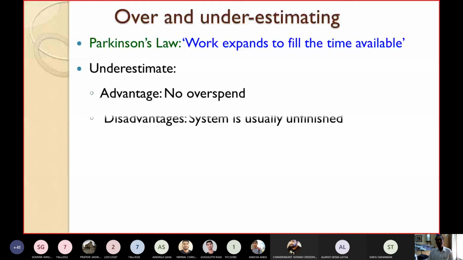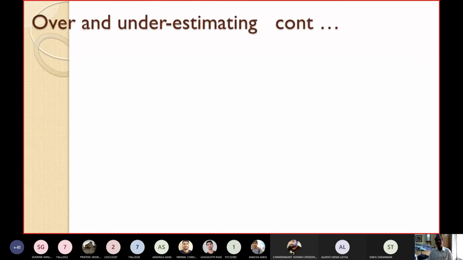But the disadvantage is the system is usually unfinished, because actually it will require, say, 10 days, but you have estimated 9 days. So you will be under tremendous pressure. Within 9 days you have to finish. So the system may be unfinished, incomplete.